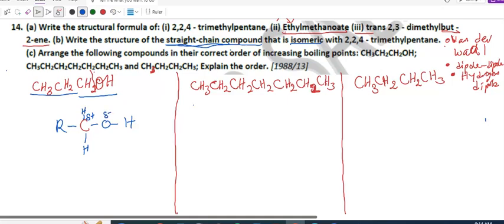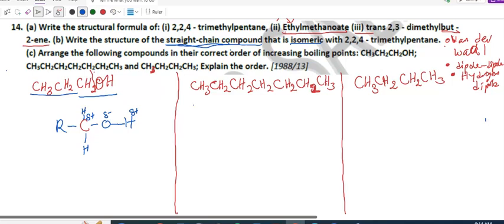Remember what dipole is? You check your notes for that, or you watch my videos on intermolecular forces. There is also another dipole here because oxygen is attached to hydrogen. When a highly electronegative element is attached to hydrogen, you have dipole.